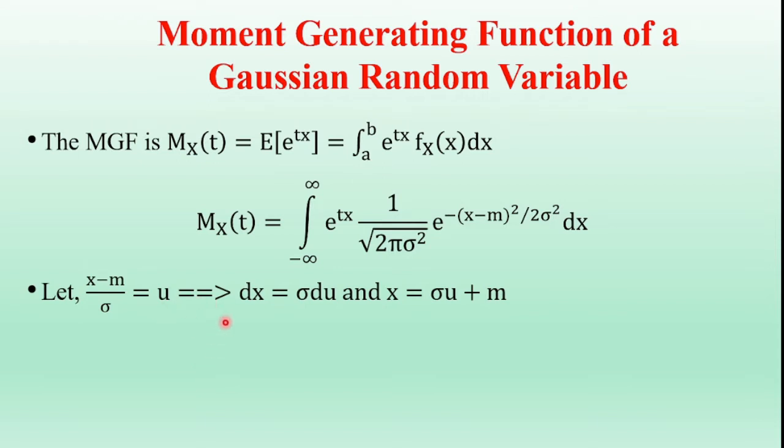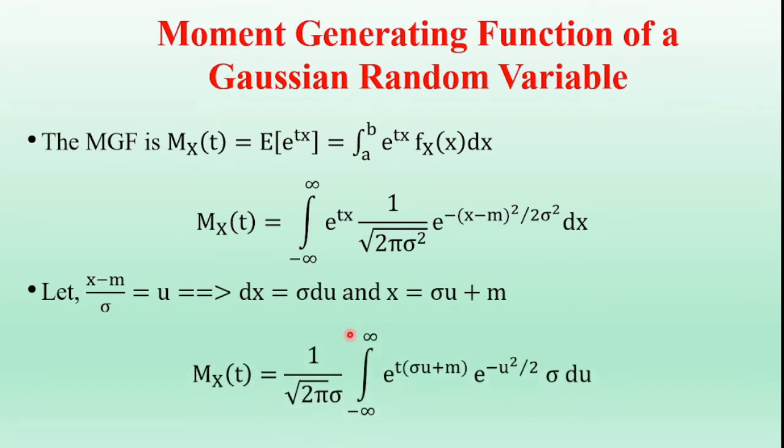And substituting all these considerations into the RHS term of this equation, we get the moment generating function M_X(t) is equal to 1 by square root of 2 pi sigma, integral from minus infinity to infinity, e power t into (sigma u plus m) into e power minus u square by 2, dx is sigma into du. So in numerator and denominator sigma cancels.